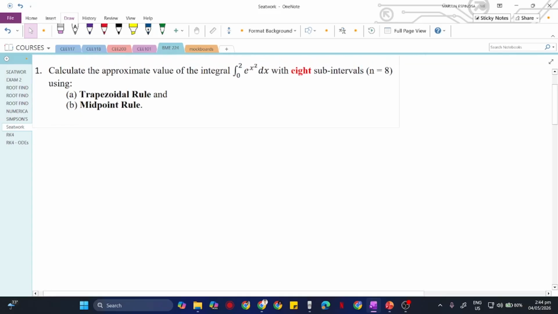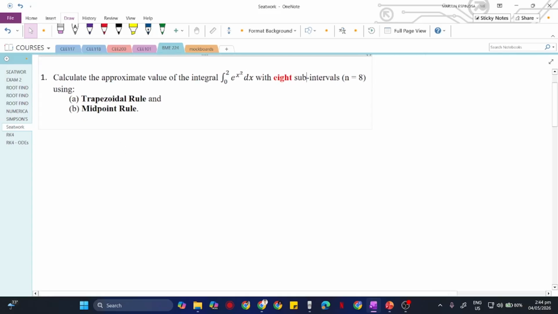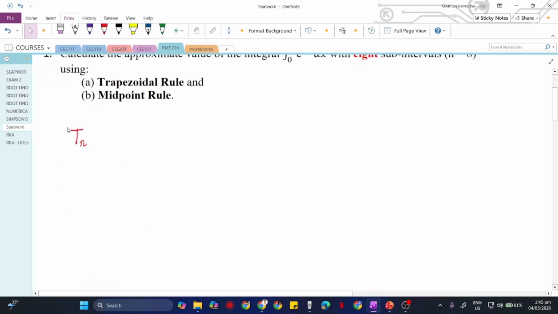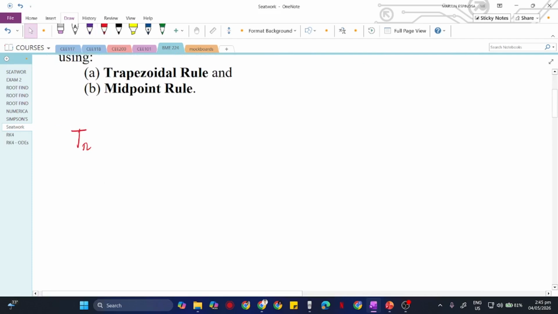Okay? First, we need to use the trapezoid rule o trapezoidal rule. But first we need recall muna natin yung formula. Ano yung formula natin for trapezoidal rule with values of n equivalent sa small letter n? Ano yung formula natin dito, class? Remember nyo pa to?